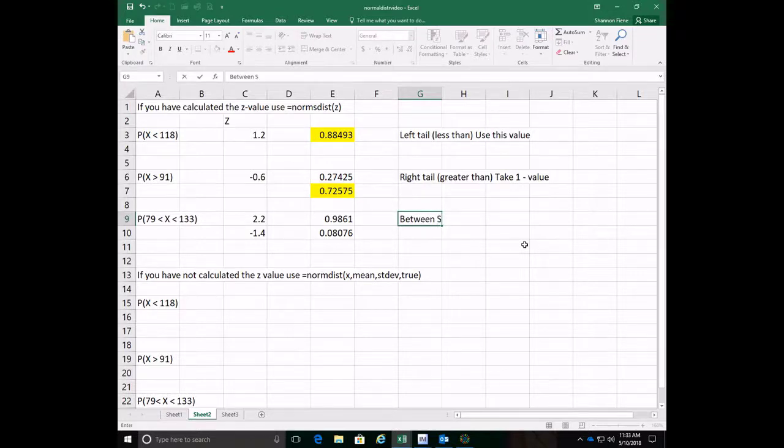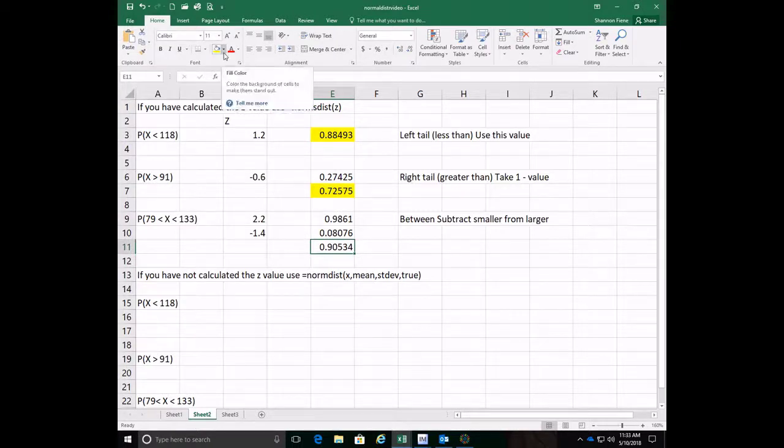So we subtract smaller from larger. So in other words, my answer here is going to be equal to this minus this. And so this would be our answer. That's the first way of doing it, okay?